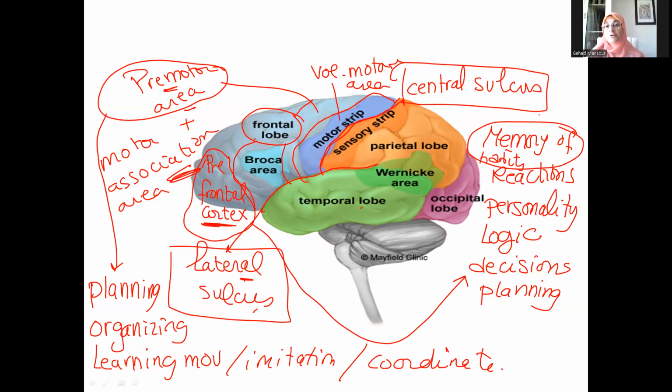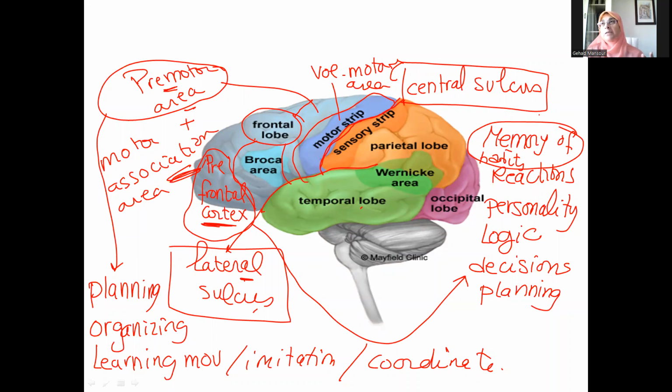So if I ever ask you, what would happen if the frontal lobe is injured? It depends upon the site of injury. But of course, if the whole frontal lobe is injured, then you would lose the functions of the voluntary motor actions and you would have hemiplegia on the other side.